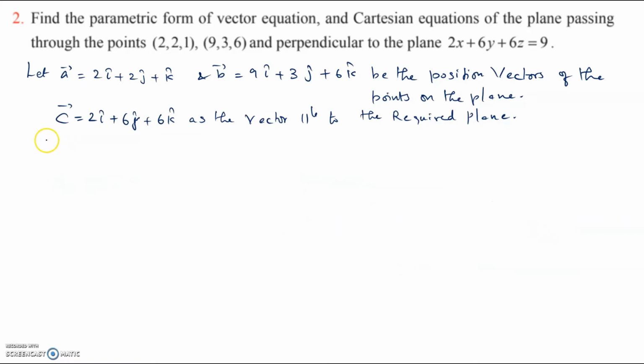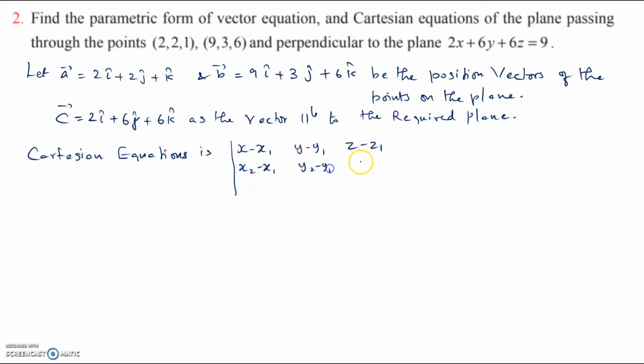Next, for the Cartesian equations of the plane. The Cartesian equation is given by the determinant of x minus x1, y minus y1, z minus z1; x2 minus x1, y2 minus y1, z2 minus z1; c1, c2 and c3.